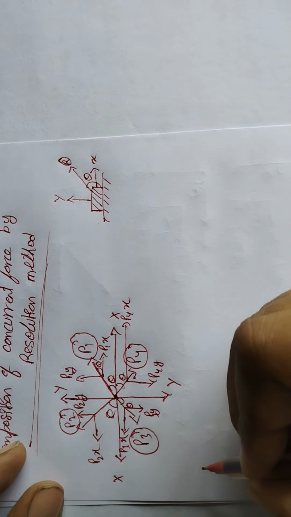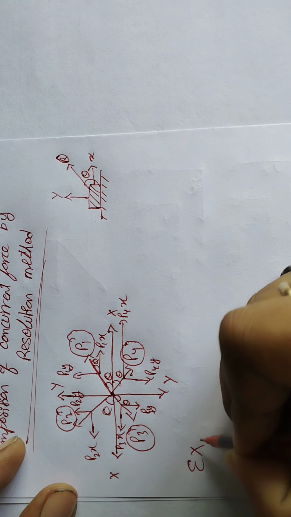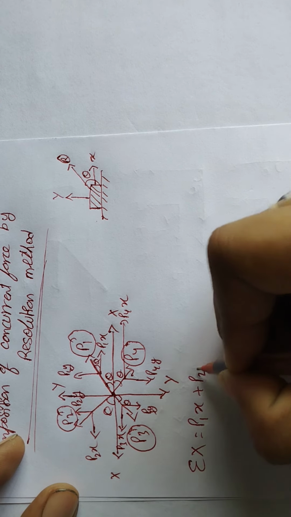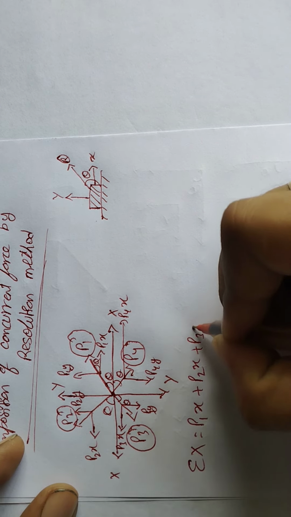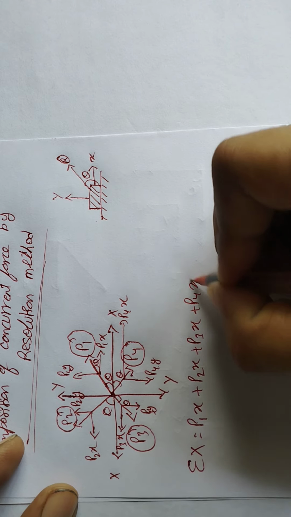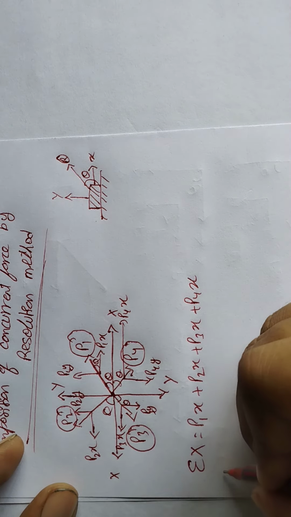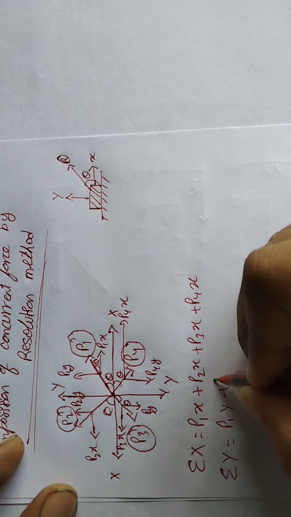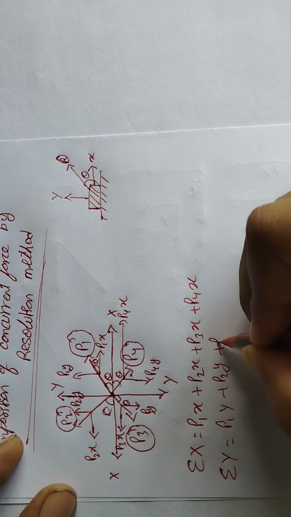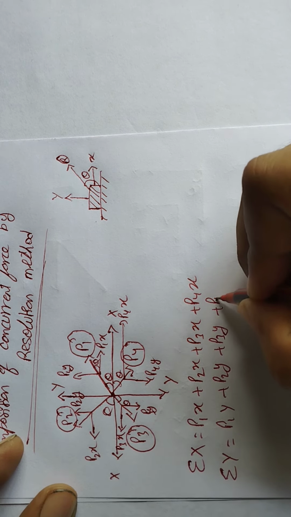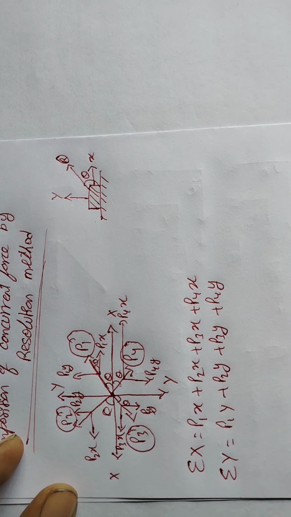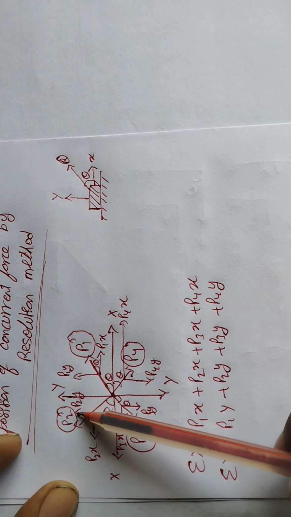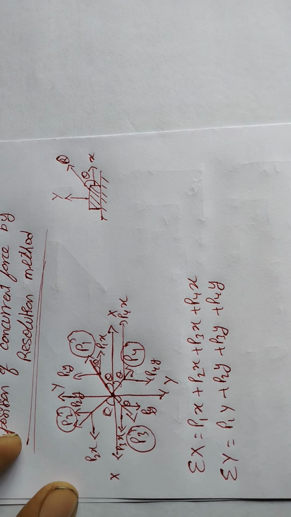So let us see what are the forces acting on the x axis. We have P1x plus P2x plus P3x plus P4x. The sum of forces acting in y direction: P1y plus P2y plus P3y plus P4y. Some of the values are negative.